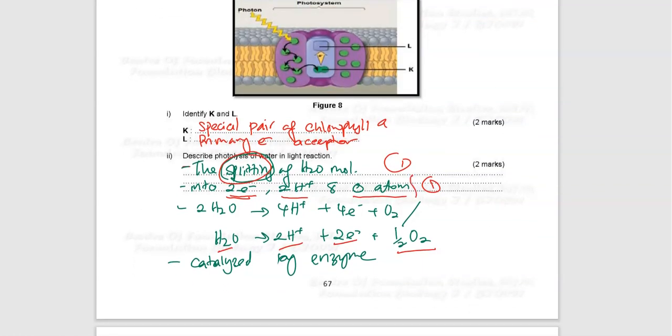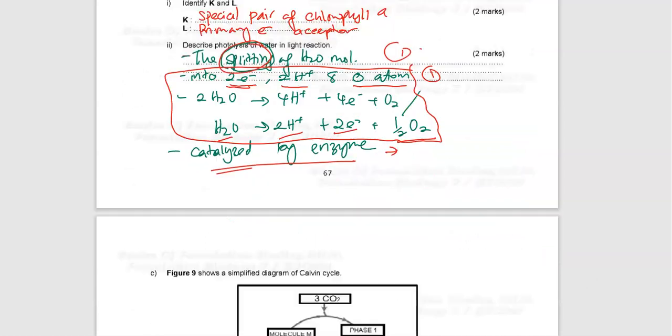Ini semua ni cara yang berlainan awak boleh tulis. Split into apa? So 2 markah. Another point that you can include is that the process of splitting of water molecule requires or is catalyzed by enzyme.